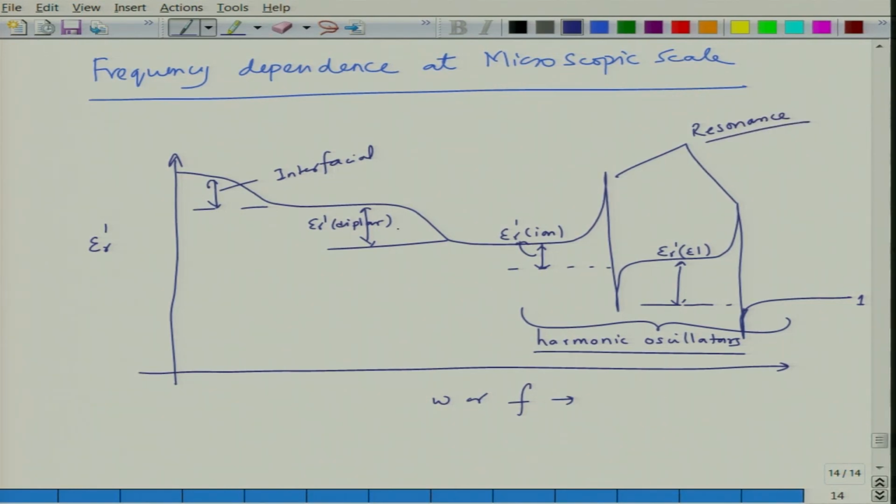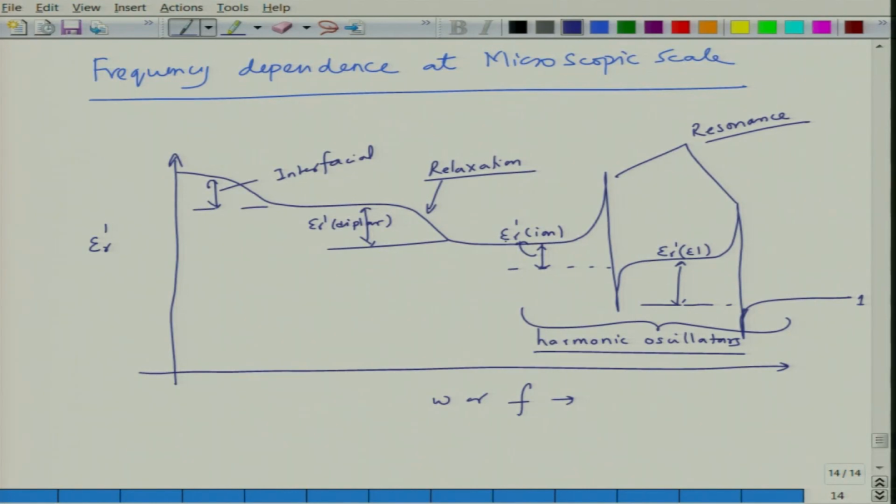And then when you go to lower frequencies, you do not see resonance peaks, but what you see is a slow decay of the dielectric constant. This is called a relaxation, because at the molecular level there are statistical events in response to time. When you have an electric field applied at a certain frequency, the dipoles take time to align themselves in the direction of the applied field.